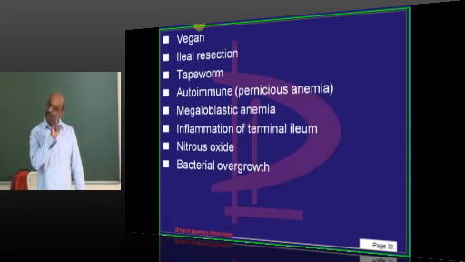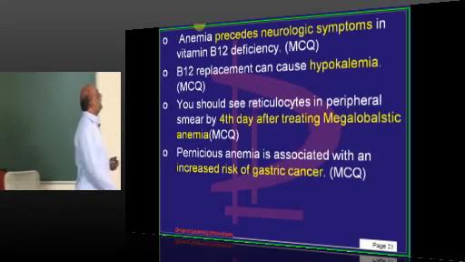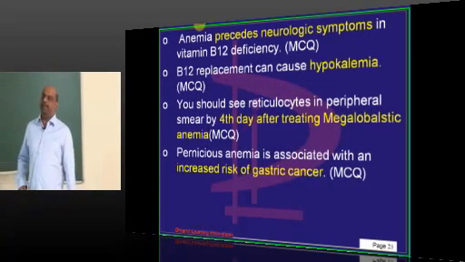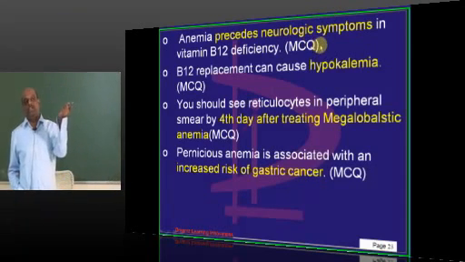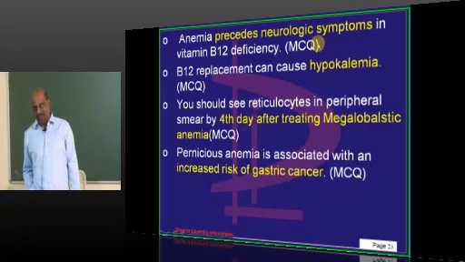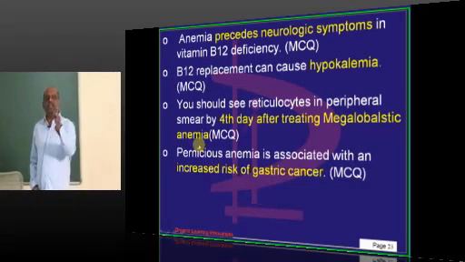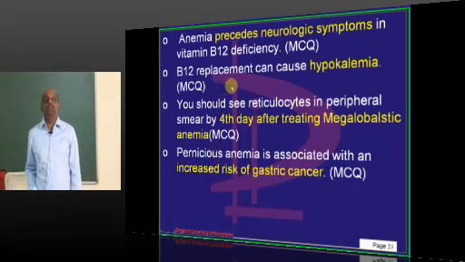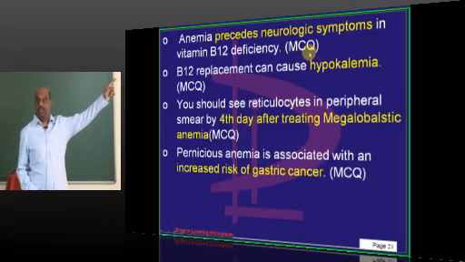But a favorite MCQ of the examiner: nitrous oxide, then bacterial overgrowth, then anemia precedes neurological symptoms, not neurological symptoms preceding anemia, in case of vitamin B12 deficiency. Then one of the important side effects if you are replenishing vitamin B12, another common question in the exam: hypokalemia develops in the patients.